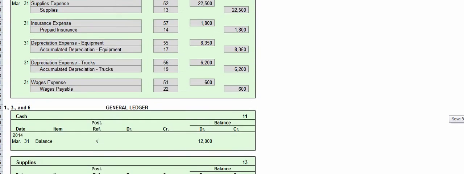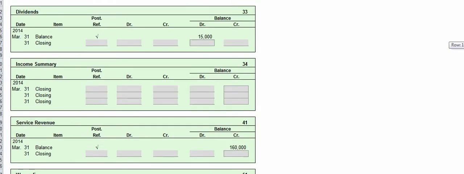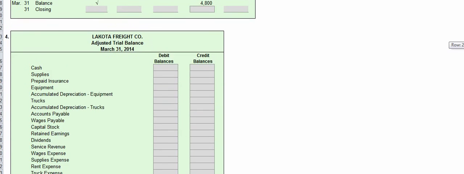The cash balance from the ledger was a debit of $12,000. Supplies is a debit for $7,500. We'll put debit balances in the debit column, of course. $12,000 for cash, $7,500 for supplies.